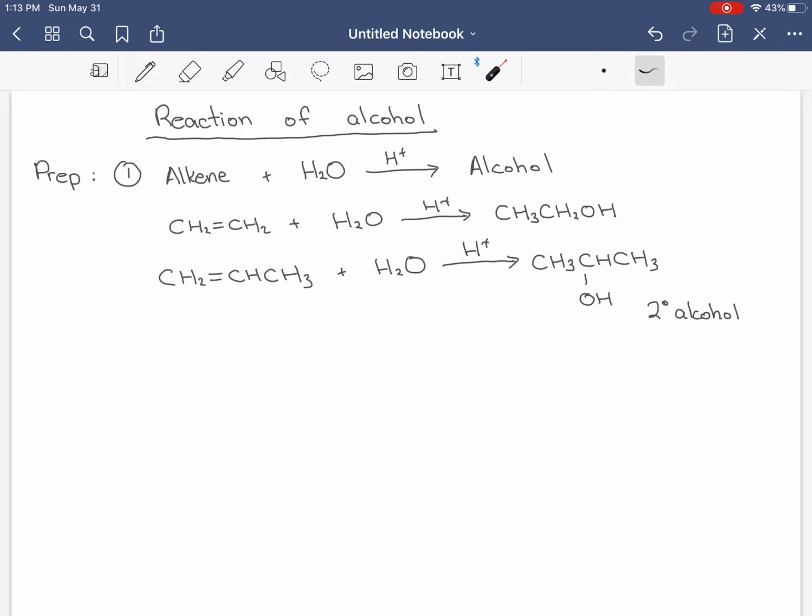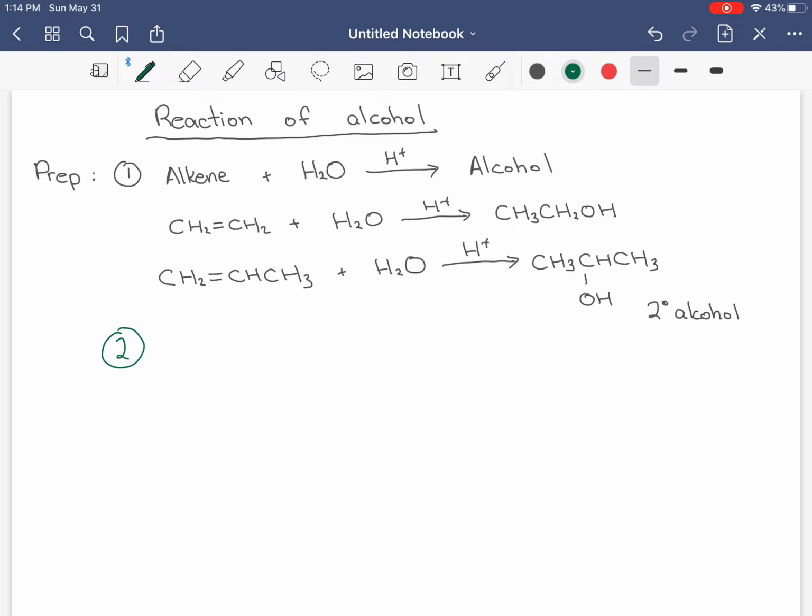The only way you can get a primary alcohol is through another reaction. Let's call this reaction 2. Okay? In this case, nope, you are not going to use an alkene, because alkene is not going to work. You're going to use an alkane.